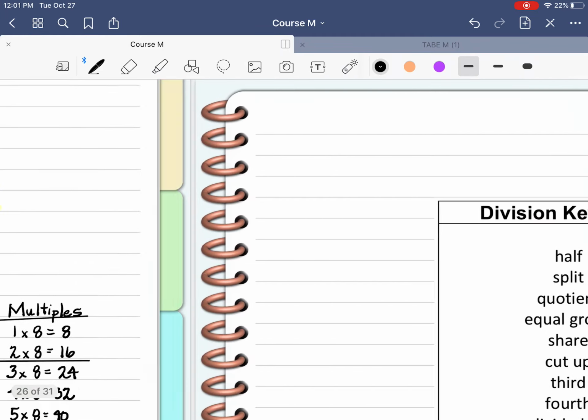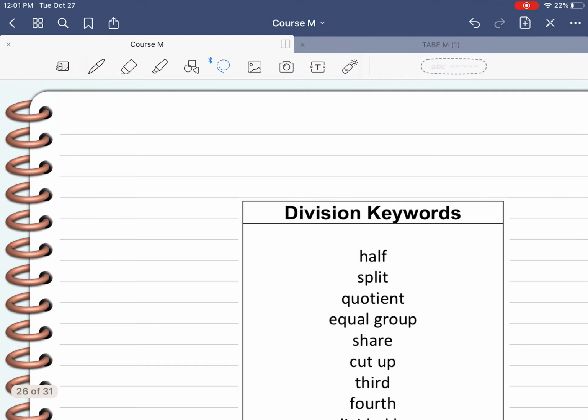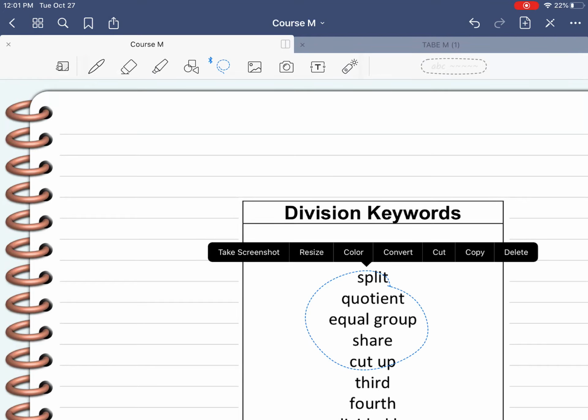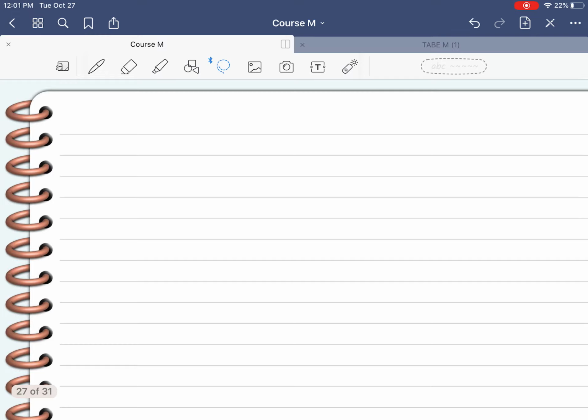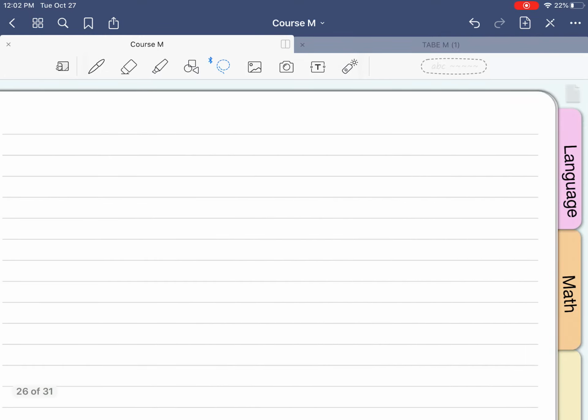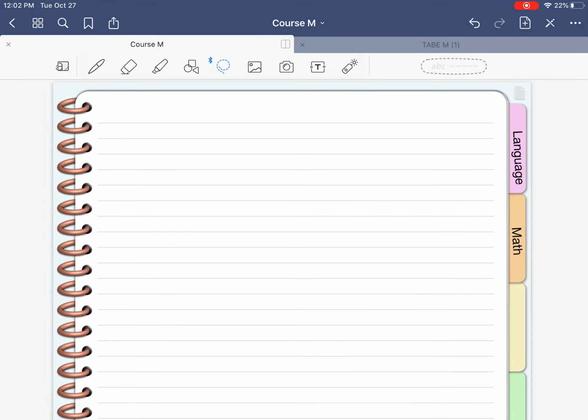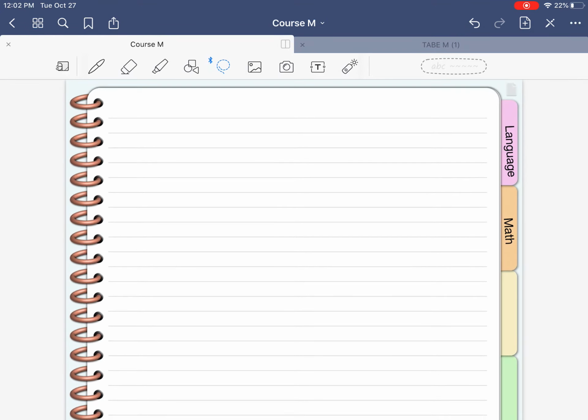There is another way that your children may be bringing home, and because of that, I want to show you that way. I am not recommending that you use this method unless you just really like it, but it's called the partial quotient method. You can even skip this part of the video if you don't want to see it, but if you have elementary age children, they may be seeing this.